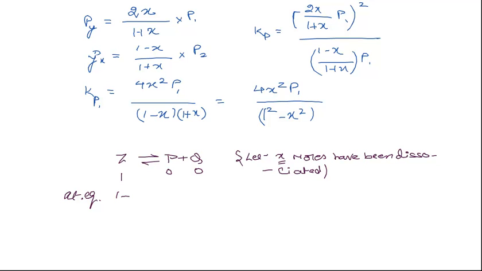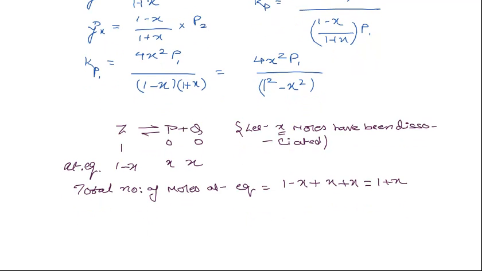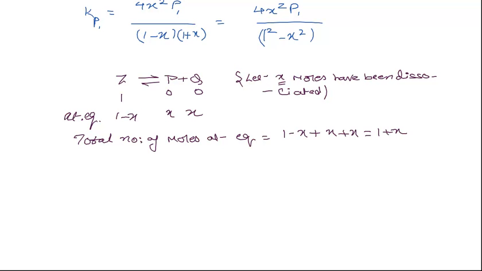So it would be 1 minus x, then this would be x and x. So the total number of moles at equilibrium will be 1 minus x plus x plus x, which comes out to be 1 plus x.